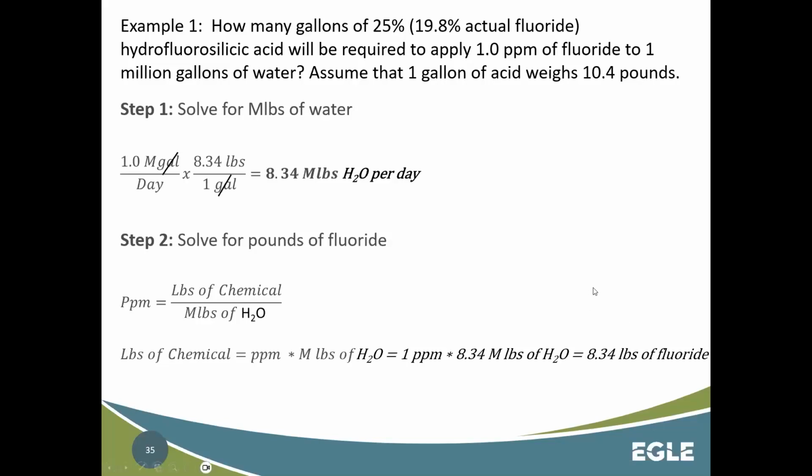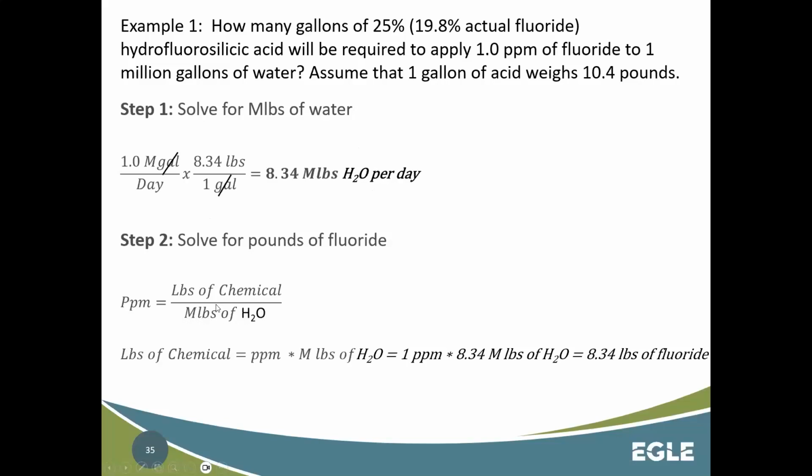So as you're familiar with in the previous two presentations, we want to solve for million pounds of water. So we take our 1 million gallons and we multiply it by the conversion factor of 8.34 pounds per gallon because we want to get to pounds of H2O so that we can input that number into our equation down here.